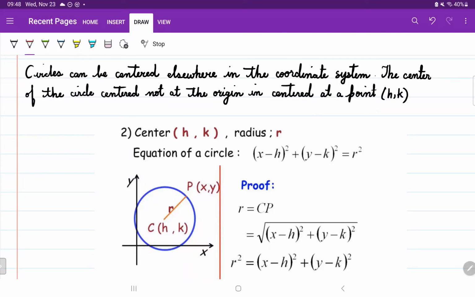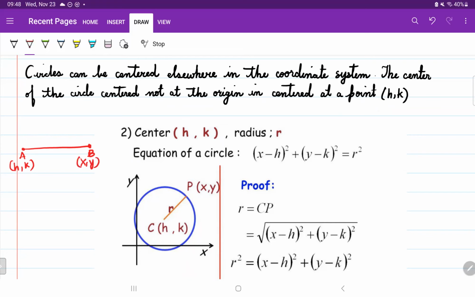Let us do the distance formula again, where we have 2 points, A and B, where A is h, k, and B is x, y.